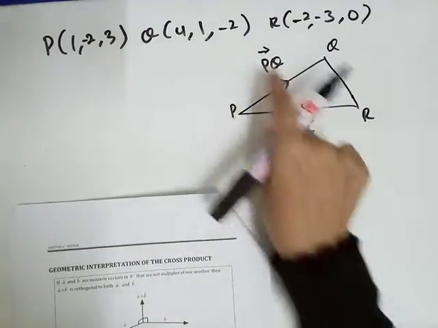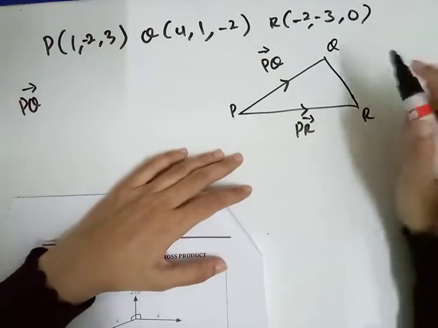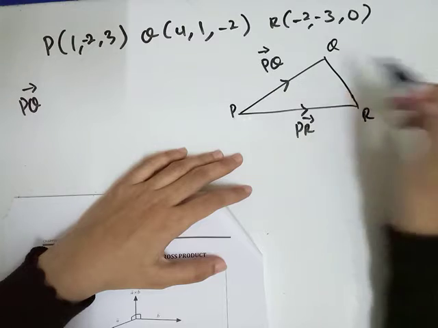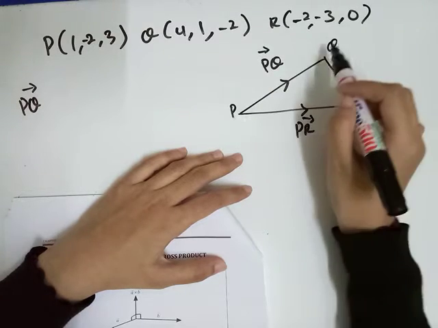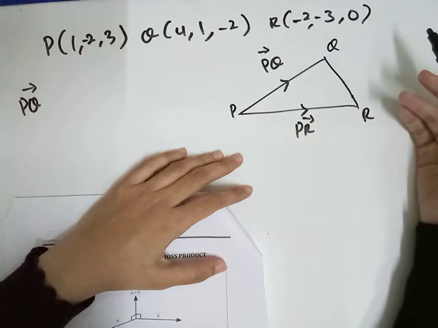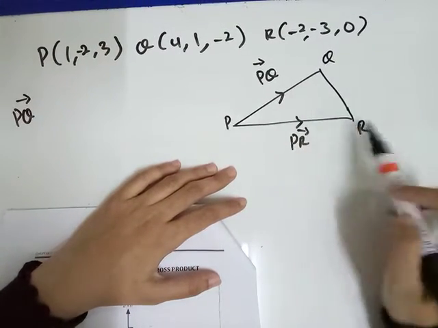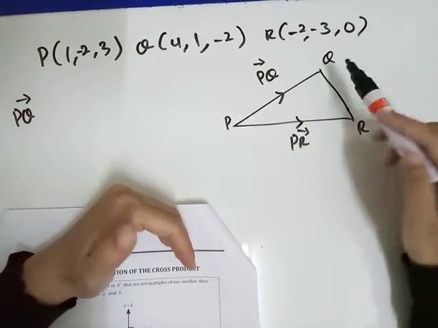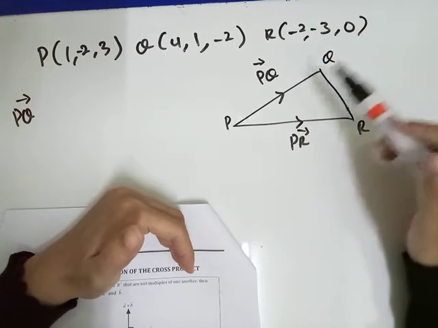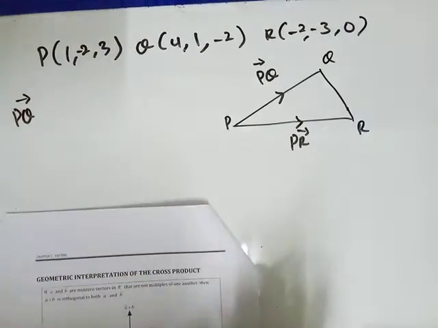So to find the vector PQ, it doesn't matter if you want to find QR or QP, or RP or RQ. It doesn't matter, because the value is the same. Before this I kept calculating PQ, PR, but actually it is the same. If you calculate QP, QR or RP, RQ, the final answer is the same.